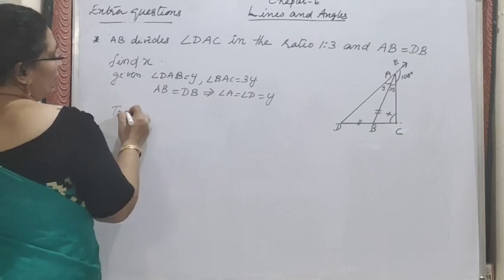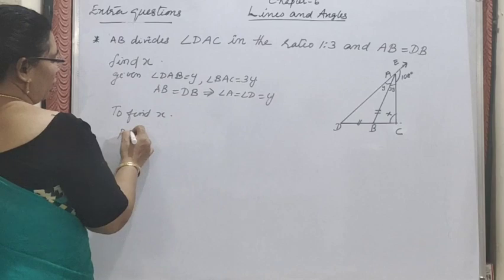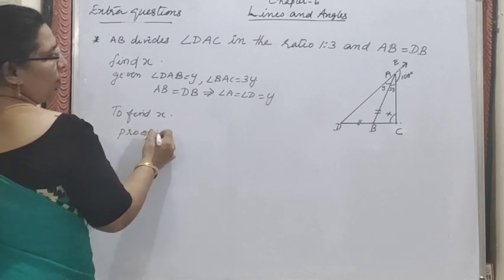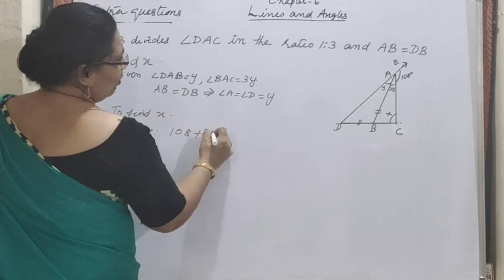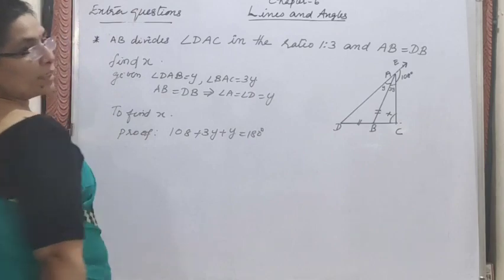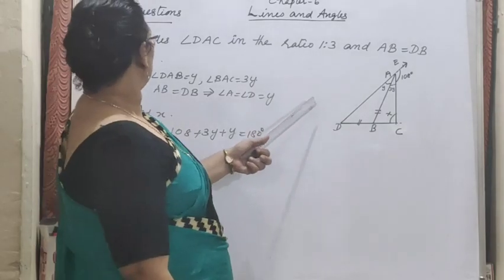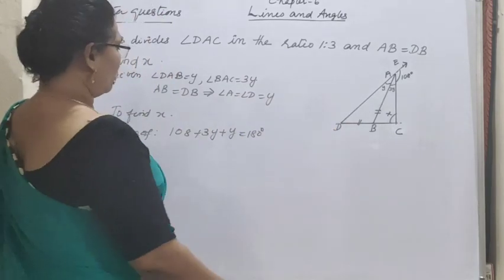Now what is to find? To find x. Okay, proof. See, 108 plus 3y plus y equal to 180 degree. What is the reason? Straight angle. See here, DAC is a line only, and all the three angles sum equal to 180 degree.